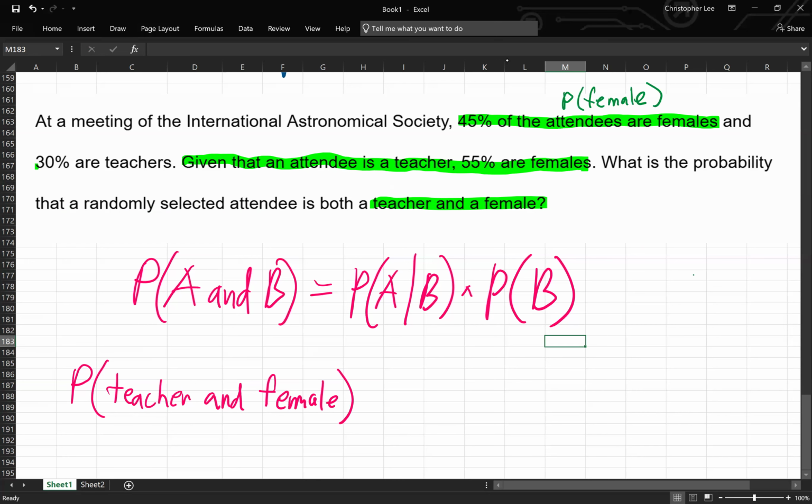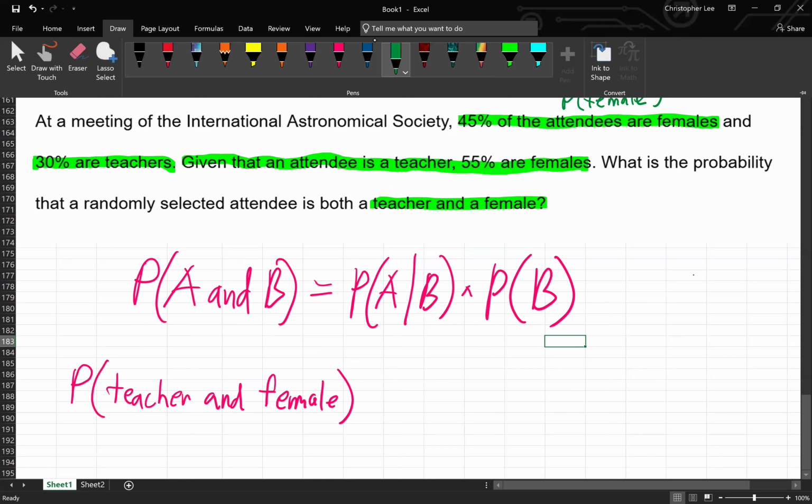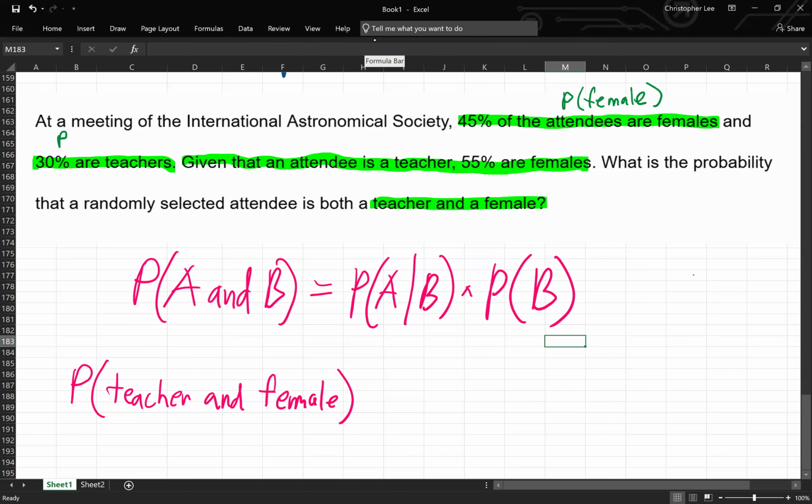Oh, see, I forgot this one. 30% of teachers. My fault. Let me switch that up real quick. So this right here, this is the probability of teacher. And then this one, given that an attendee is a teacher, 55% are female, this is the probability of female given teacher.